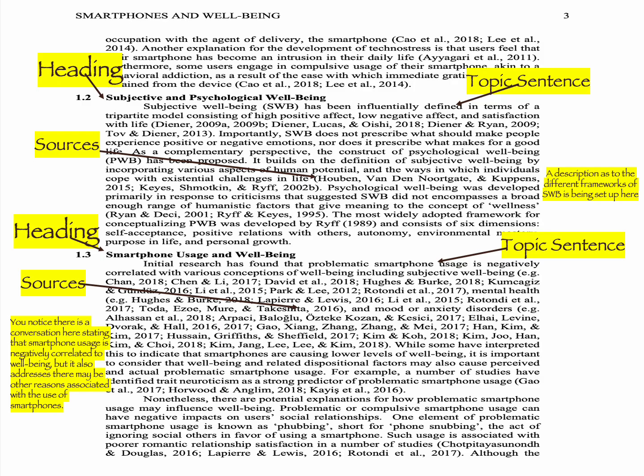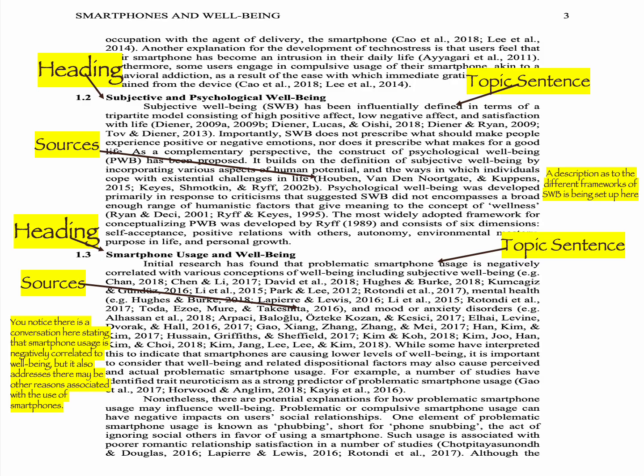So here they're stating that there's a negative correlation with smartphone usage and well-being, and it's also addressing other reasons as to the use of smartphones, right? Nonetheless, there are potential explanations for how problematic smartphone usage may influence well-being.